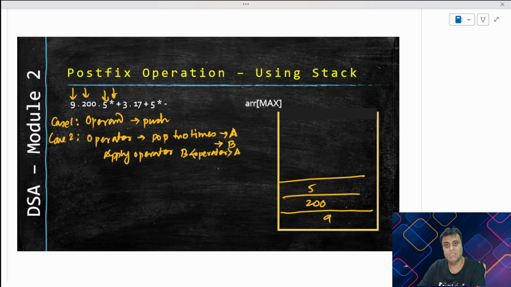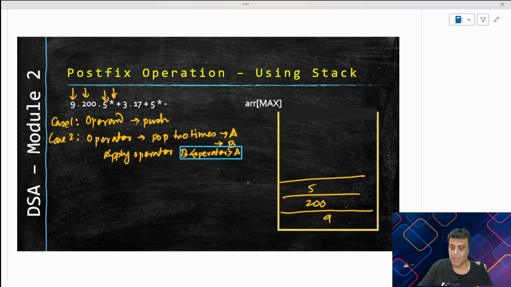So you will pop first, you will get A, you will pop next, you will get B, and then the operator has to be here. Please don't forget this sequence. This sequence is so important. For division, for subtraction, if you don't follow this sequence, you will be in a big mess. So remember that the second one popped will be the first item in the expression B operator A, right?